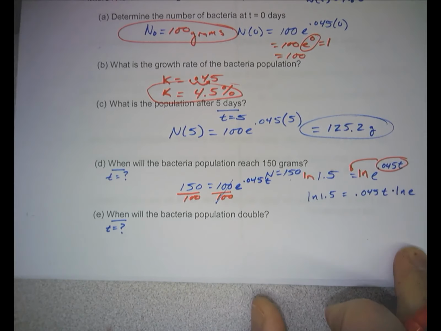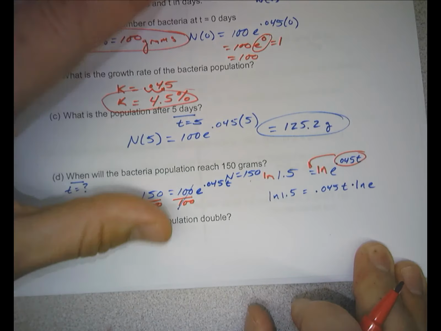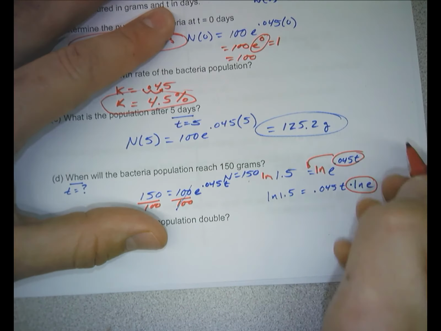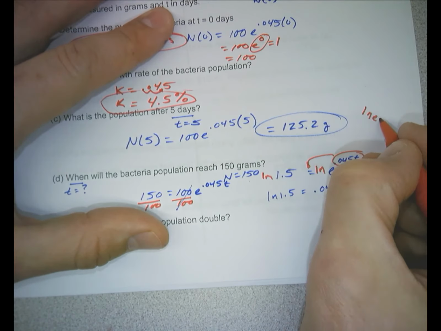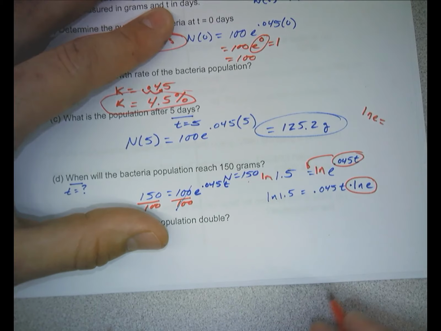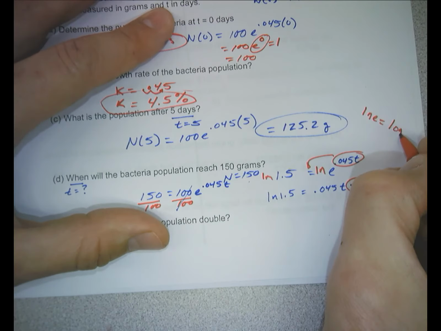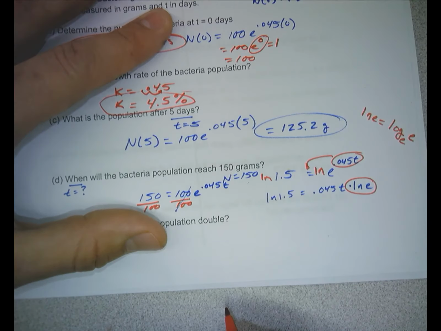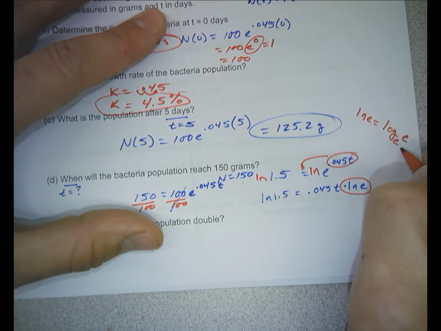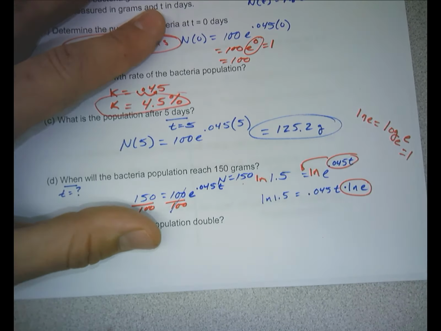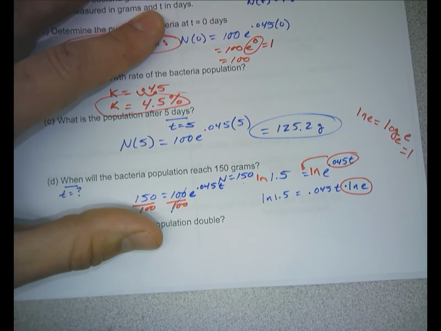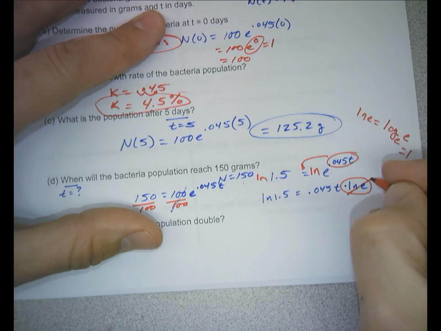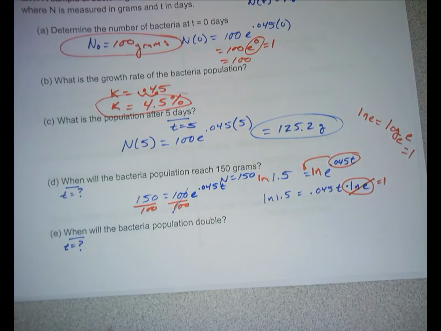Well, the natural log of e is a special log. If you don't remember, natural log has a base of e. So this is really log of e base e. Well, the log of e base e is 1. So this is another reason why Mr. Gotsch uses natural logs, because I know this is 1.